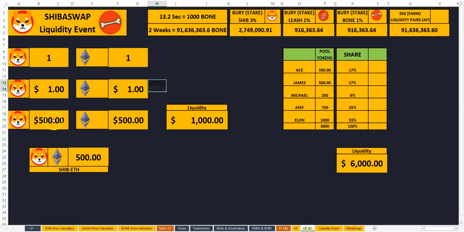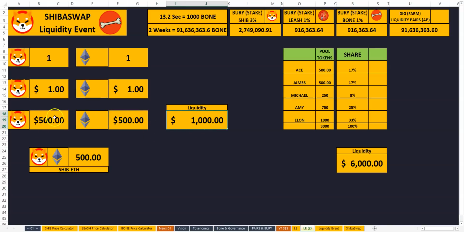So if I want to create a pair of SHIB F, let's say I buy $500 worth of SHIB token, and I buy $500 worth of Ethereum. So now I have a pair of equal dollar value, and it just happens that they also have equal weighting.